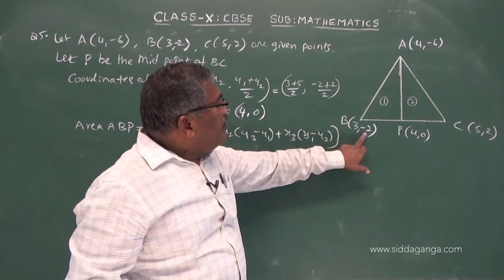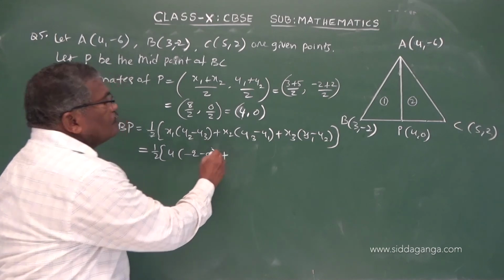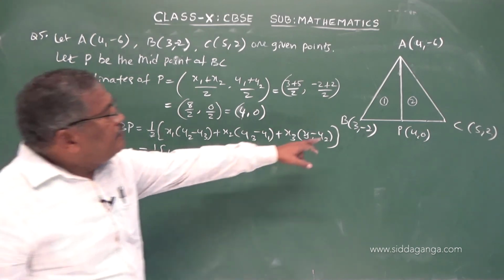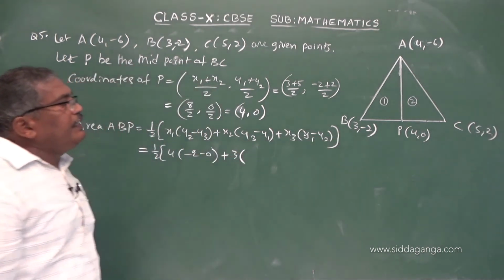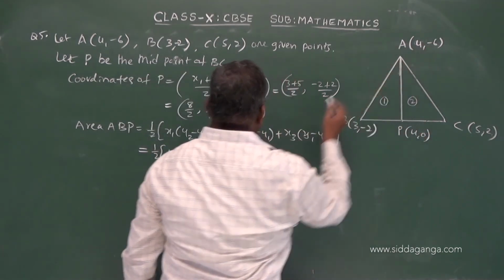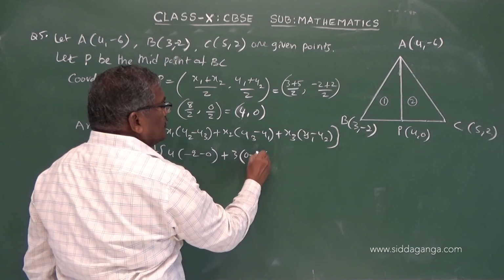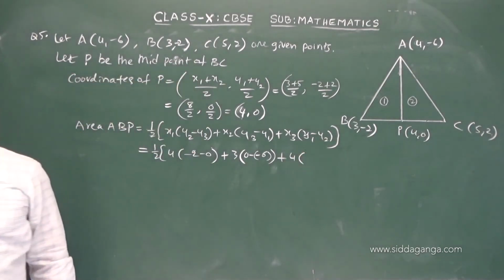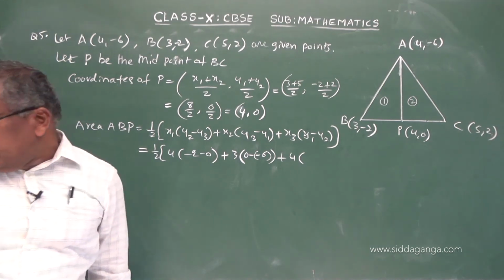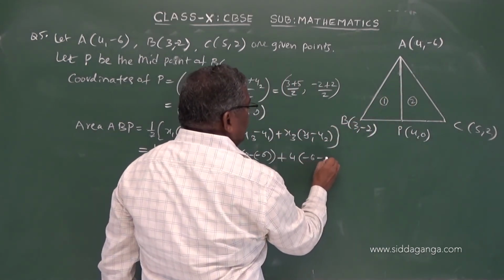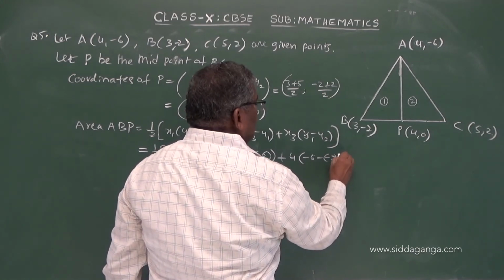Then plus x2, which is 3, into (0 minus of minus 6), close the bracket, plus x3, which is 4, into (minus 6 minus of minus 2), close the bracket.